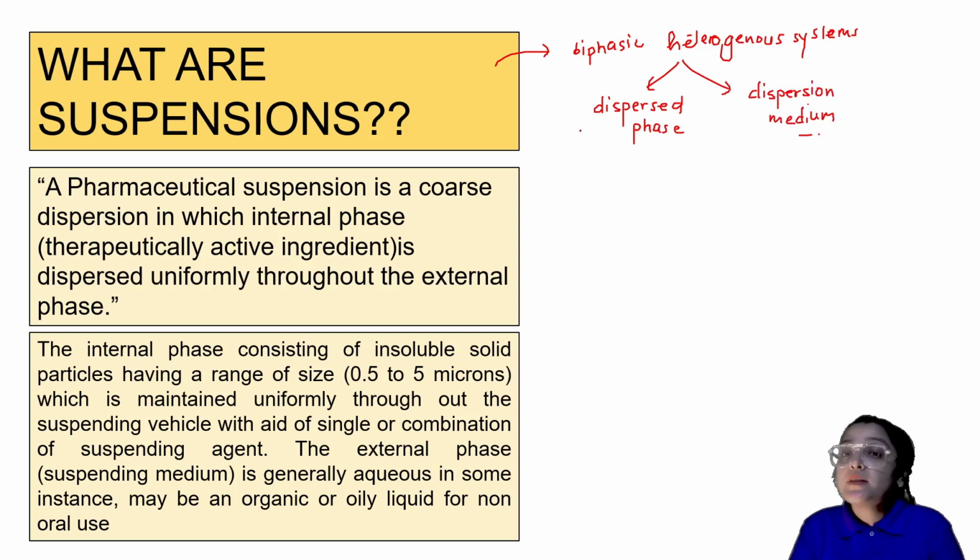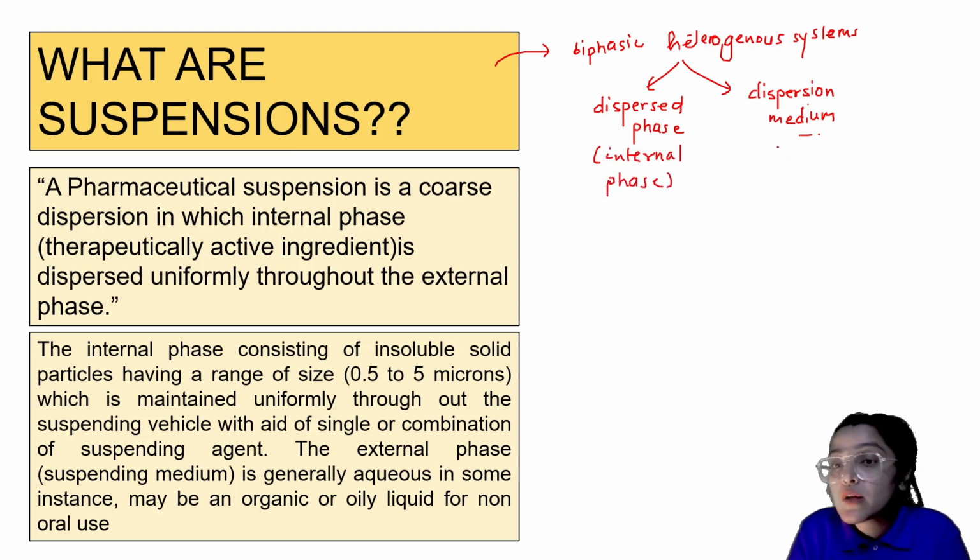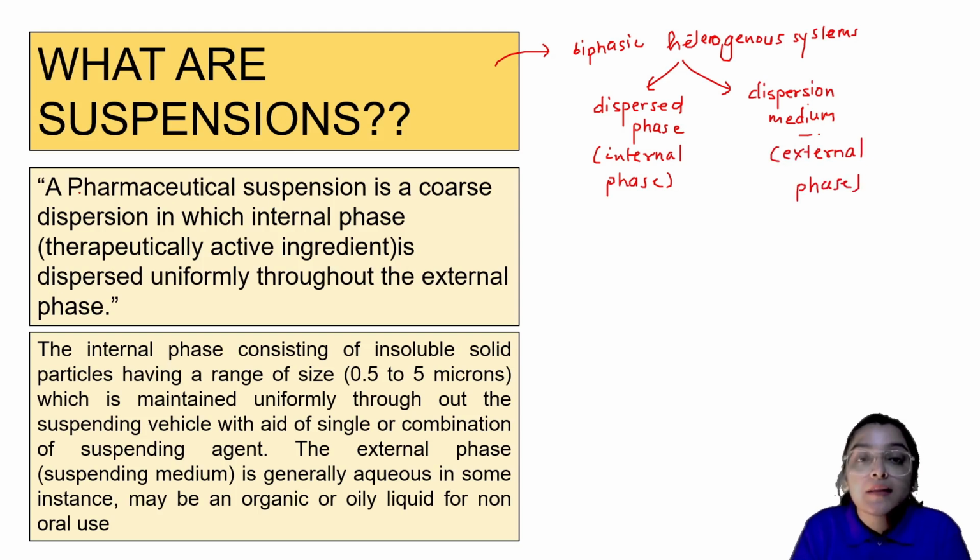Okay students, this dispersed phase is also known as an internal phase, while this dispersion medium is also referred to as external phase. So by the definition also it is very clear that a pharmaceutical suspension is a coarse dispersion in which an internal phase is dispersed uniformly throughout the external phase, which is your dispersion medium.